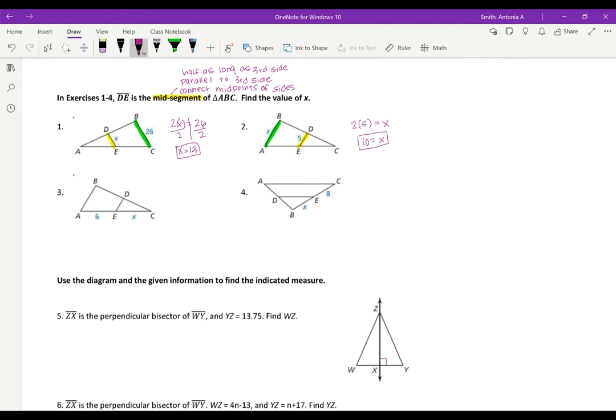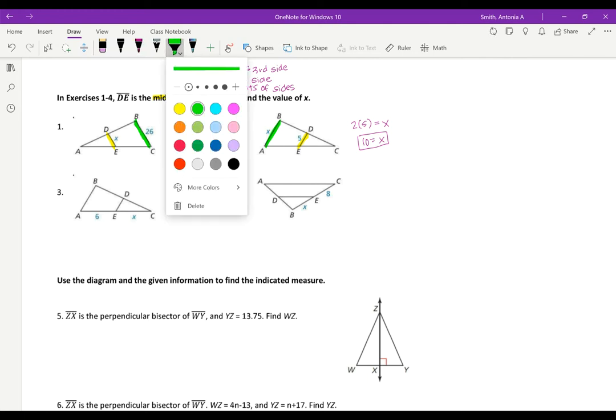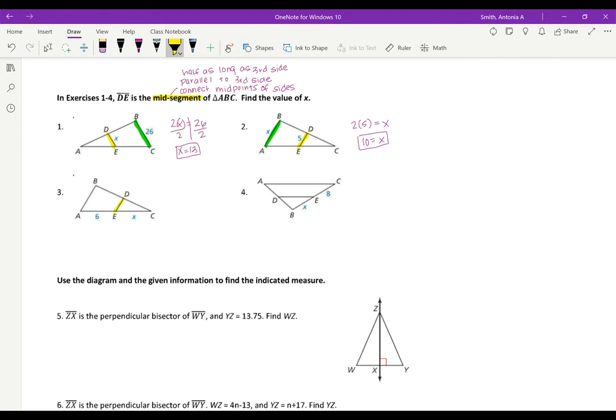Okay, let's see number 3. So number 3, it still says that DE is our midsegment. So the line that it's parallel to is this one right here, BA. But that doesn't really help us solve for x. Okay? We know that a midsegment connects the midpoints of your sides. Okay?